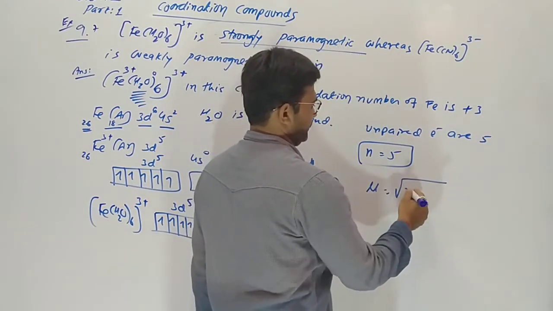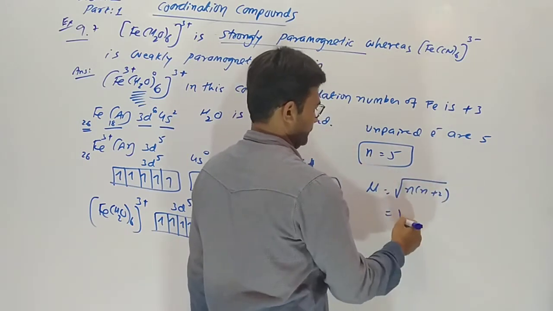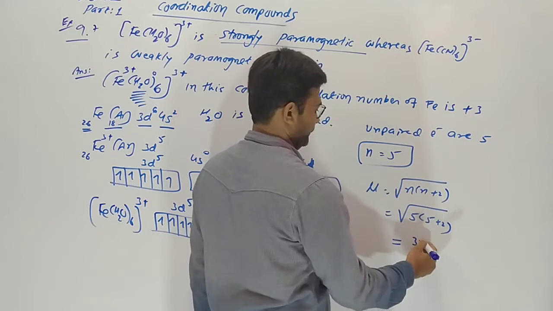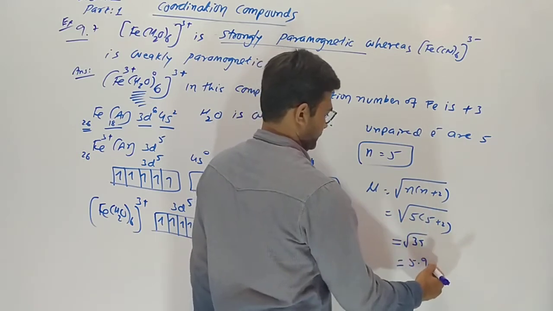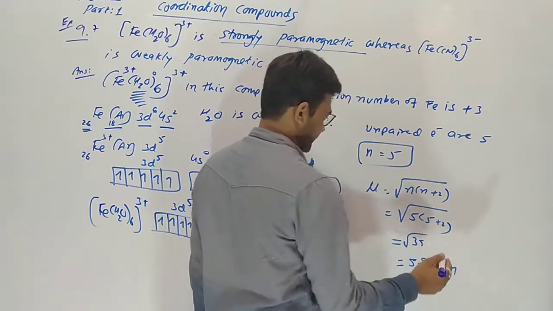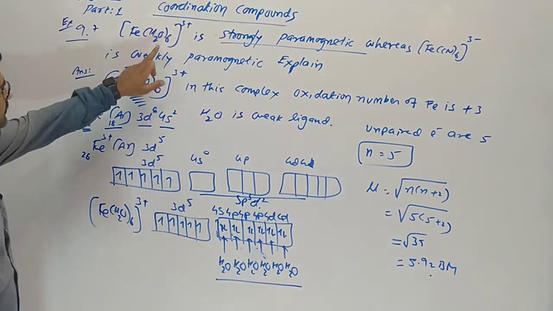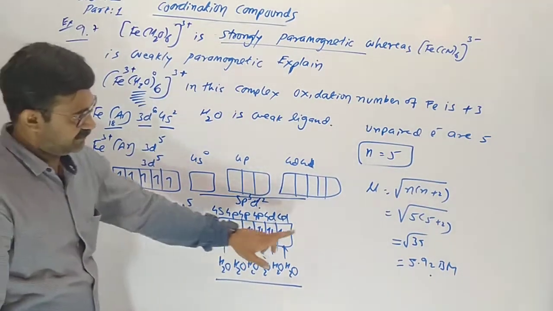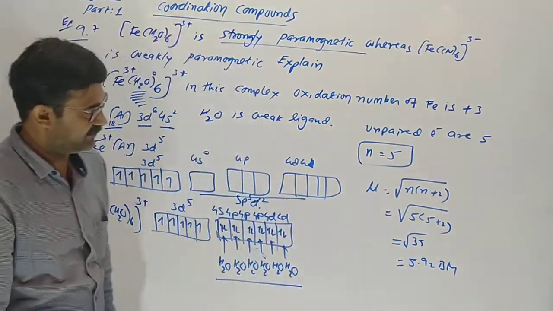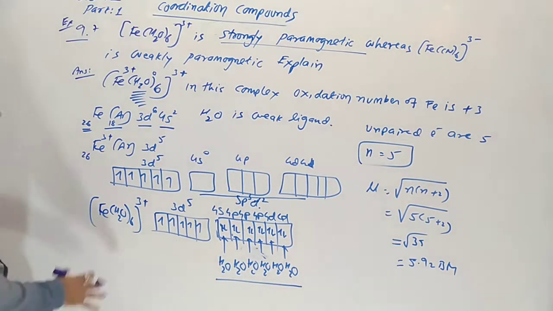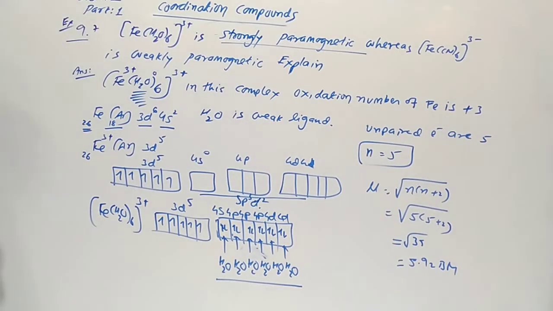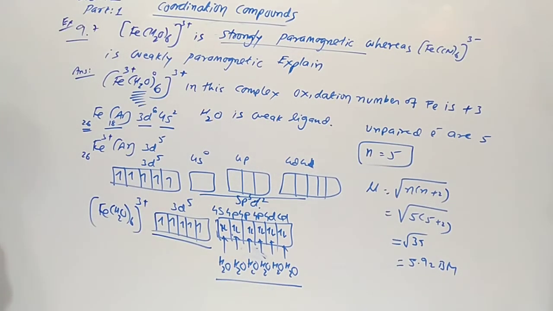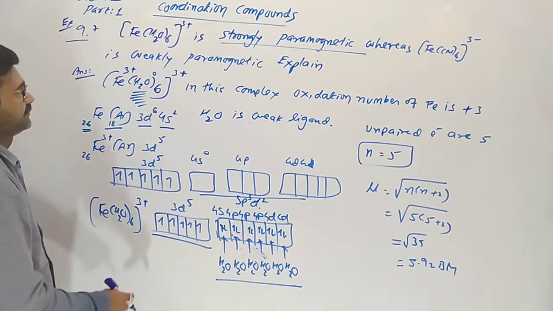So mu is equal to square root of n(n+2), root 35, 5.92 Bohr magneton, strongly paramagnetic. That means maximum paramagnetic nature, value 5.92 due to weak ligands. 5 unpaired, so the magnetic value is high.